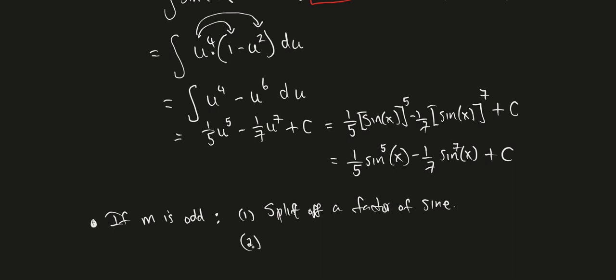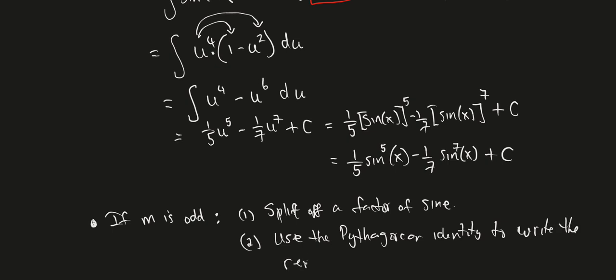And then two, again, we're going to rewrite the remaining part of it in terms of cosine, so use the Pythagorean identity to write the remaining factors in terms of cosine.